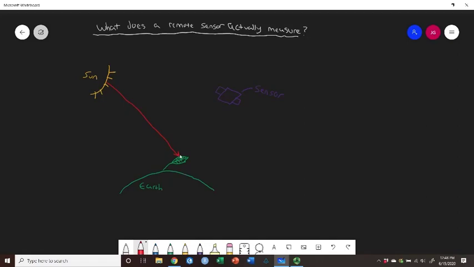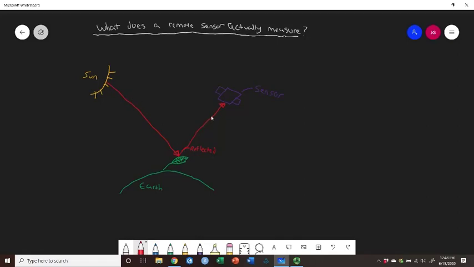But some portion of this was reflected, and we're going to keep this simple and say that it was reflected in the direction of the sensor. So this is the basic diagram that we drew last time.